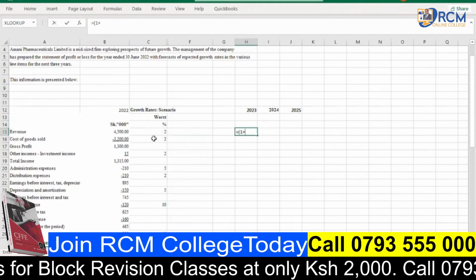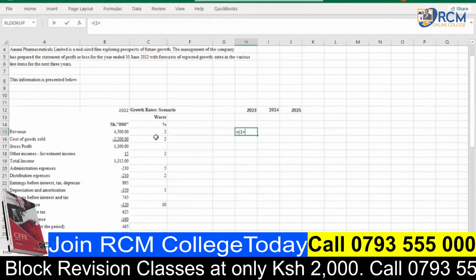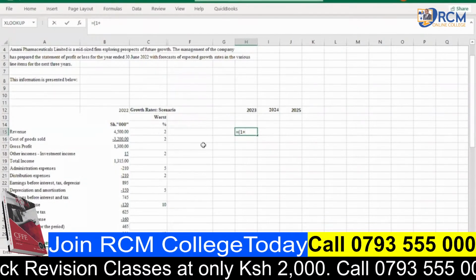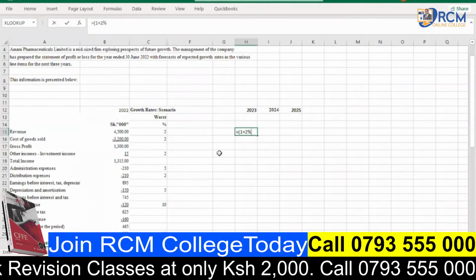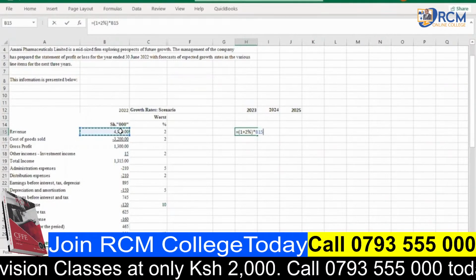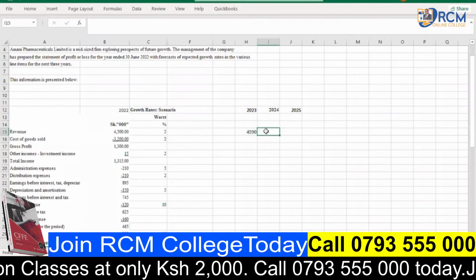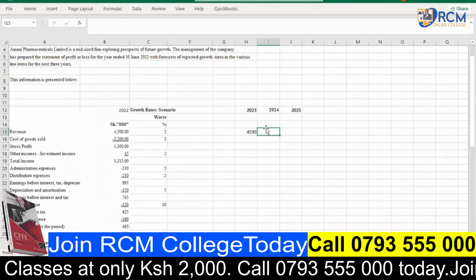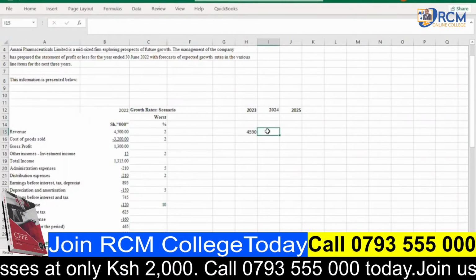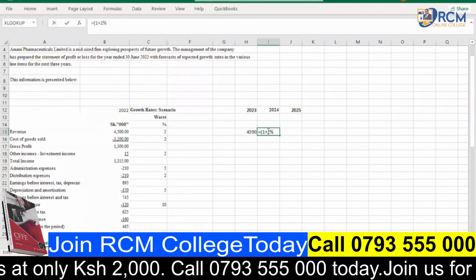So what do you do? You either type 2% directly or convert these ones here to 0.02. So I indicate that it's going to increase by 2%, and then I multiply that by the revenue of the previous year. Then my new revenue for 2024 will be equivalent to 1 plus the percentage growth rate.